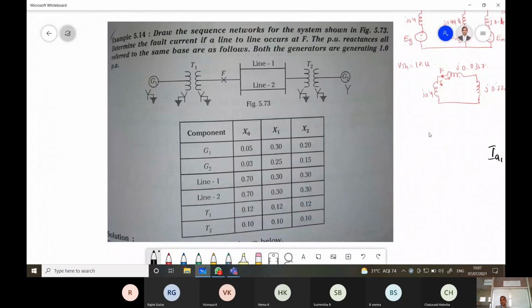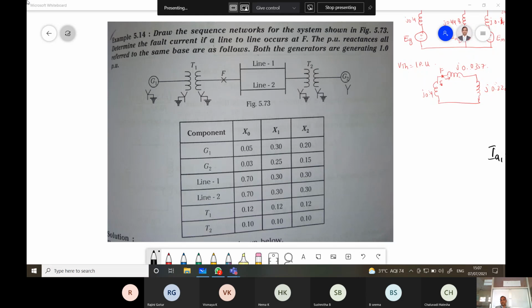Determine the fault current if a line to line fault occurs, this is also double line fault. Line to line fault occurs at point F. The per unit reactances all are referred to the same base as follows. Both the generators are generating 1.0 per unit, that is the voltage. Take this diagram, generator 1, generator 2.